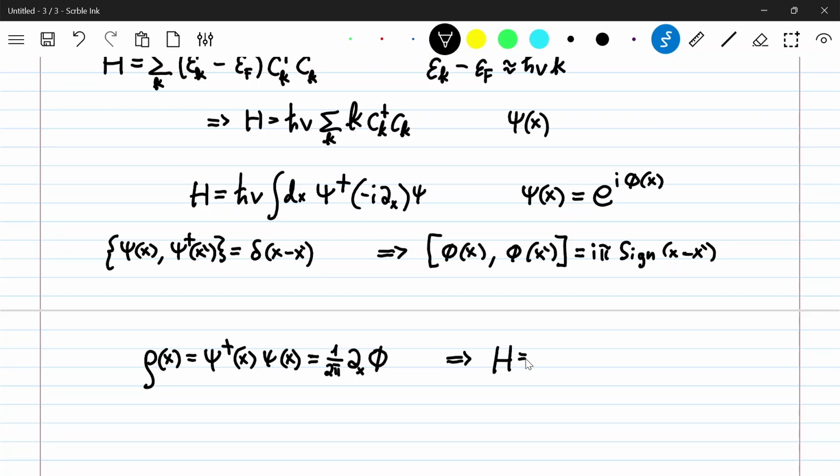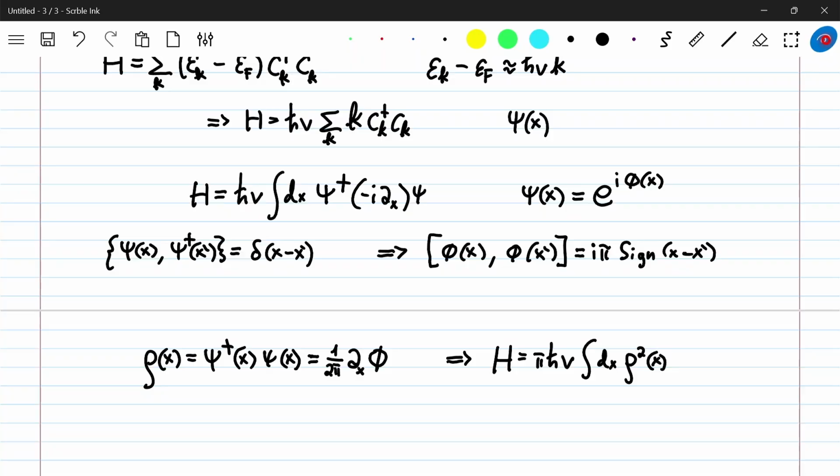I just plug in the exponential expression for the fields, and that's what I'm getting, okay? And I deliberately avoid the edges and assume that X is infinite. It may have some boundary conditions, but that's how the Hamiltonian looks, okay?